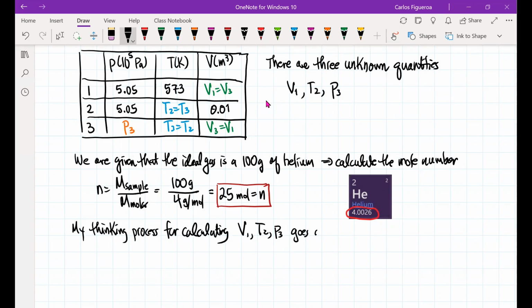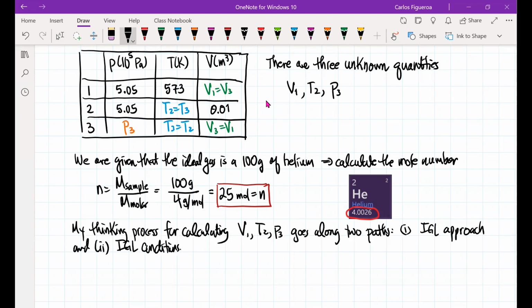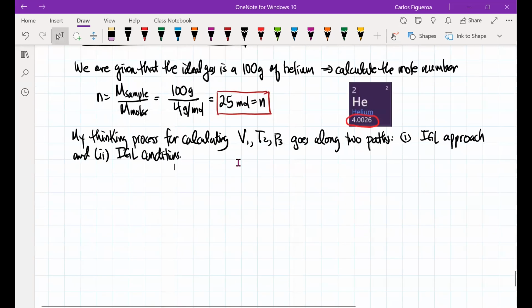It goes along 2 paths. The first path is that you use the ideal gas law approach. And the second process is that you use the ideal gas law conditions. Both are important to learn, and I'm going to do both just so you can see the difference.